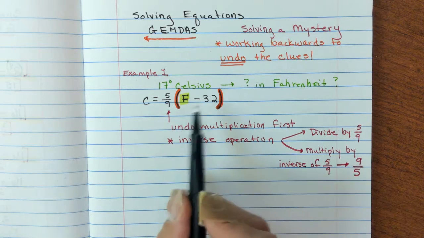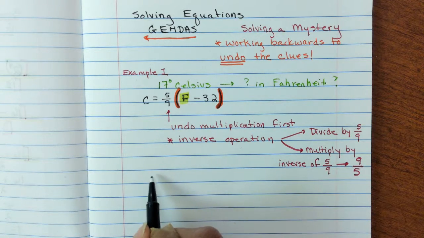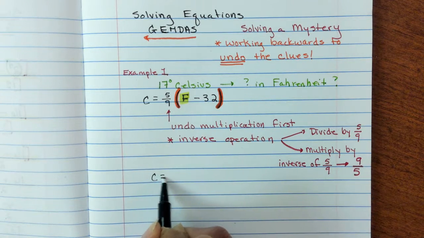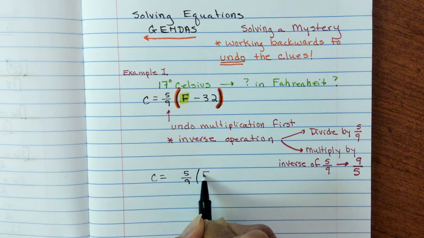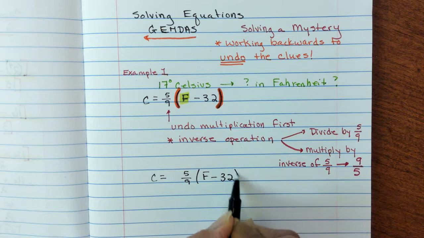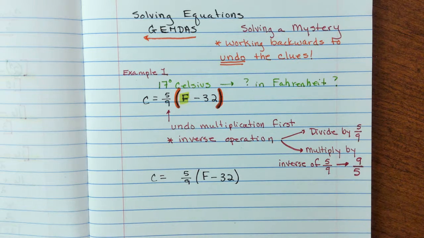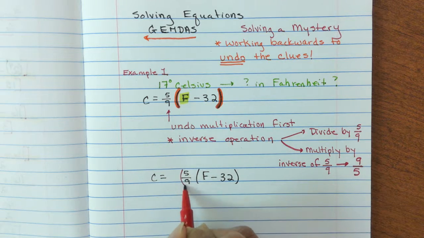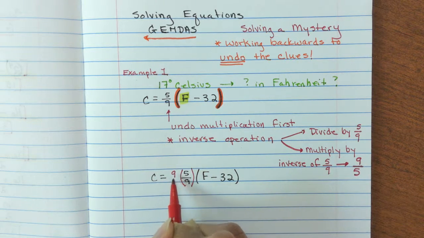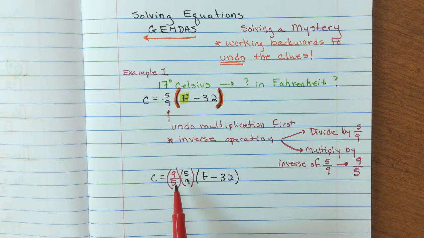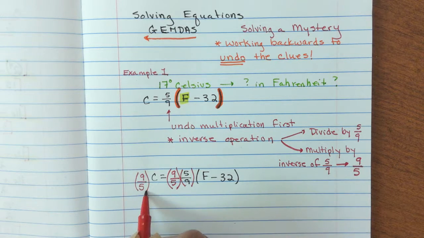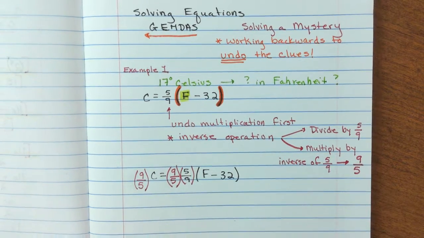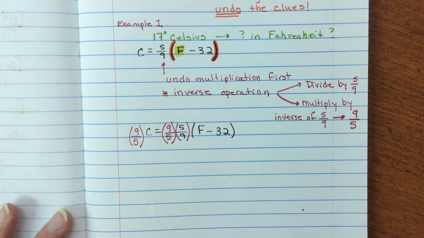So I'm going to rewrite my formula. C is equal to, I'm going to leave some space here, 5/9 times F minus 32. I want this 5/9 to become a 1, so I multiply it by the inverse. And you have to remember, whatever I introduce on one side, I have to introduce on the other. So this has to multiply with everything on the other side of the equal sign.